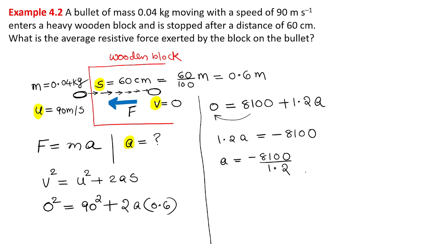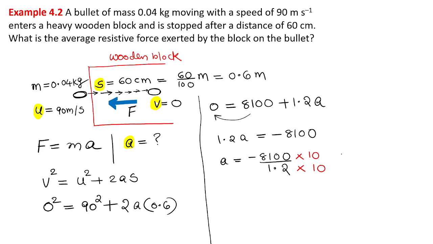How will you do the division? Can you tell me? I will tell you. Actually, if the point is there in the denominator or numerator, it is better to remove that decimal point, otherwise the division will be very hard.